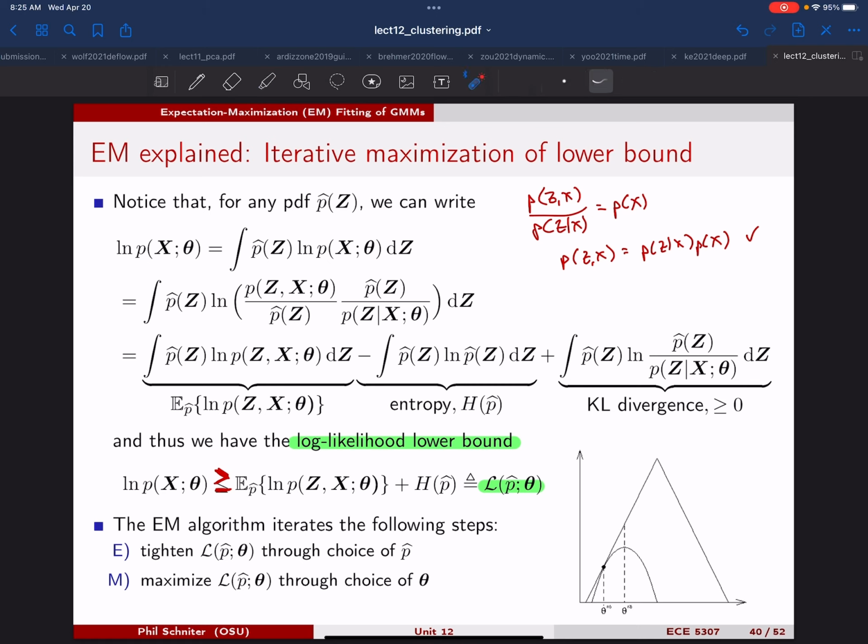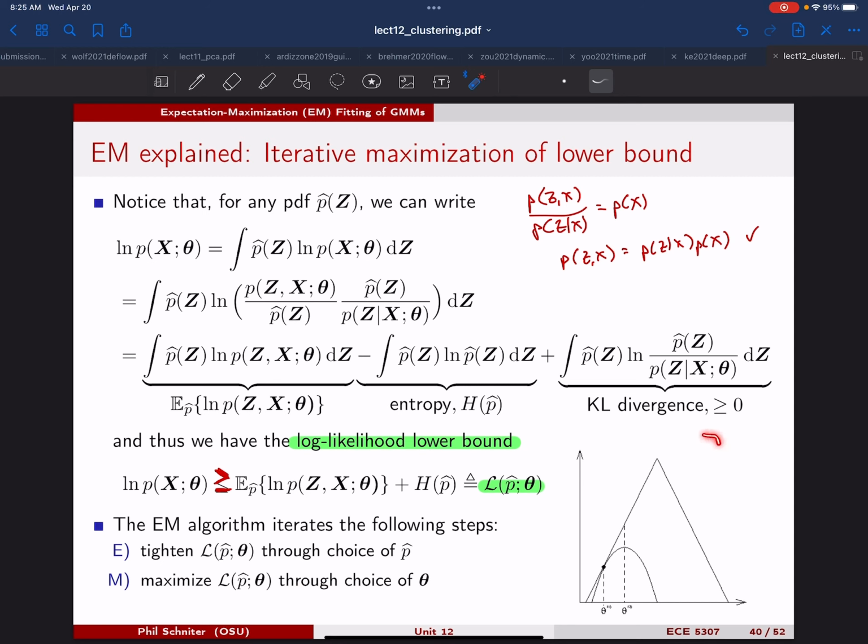So first, you choose P hat, because remember, P hat can be anything. Nowhere in here did we say anything about P hat. It's any density. So you tighten the lower bound through a choice of P hat, and then you maximize this lower bound on the likelihood through a choice of theta.